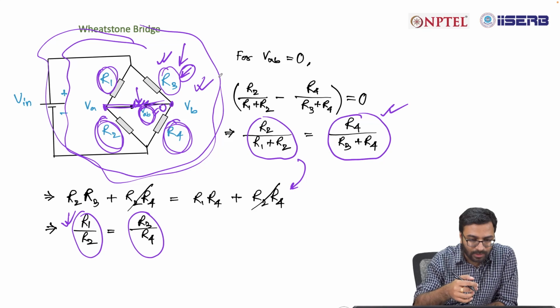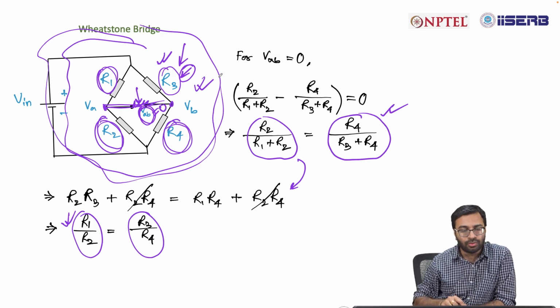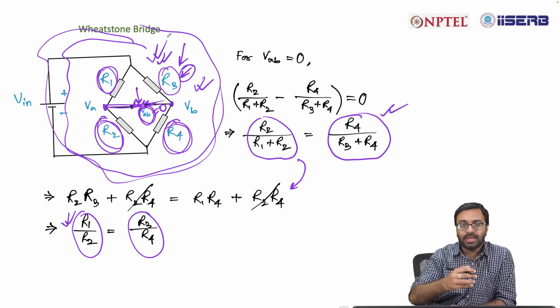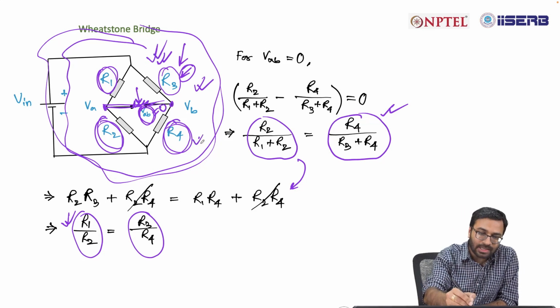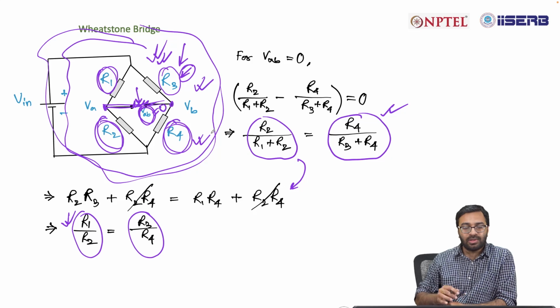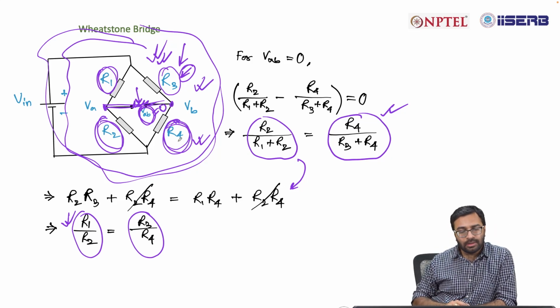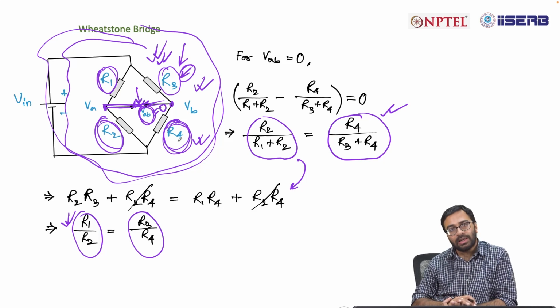So what people actually do, they consider one as the measuring sensor and keep another one as a reference sensor. So if there is any influence of environmental parameter in one sensor, that will get cancelled out. That way the Wheatstone bridge can provide you an extra advantage.